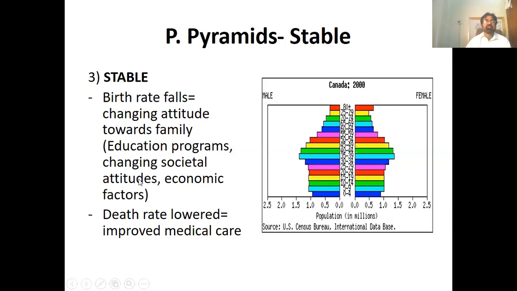Education programs, changing societal attitudes, and economic factors were some of the factors which compelled these people to bear fewer children so that they can support them. Death rate lower: because of improved medical facilities, their death rate became lower, and their life expectancy increased.